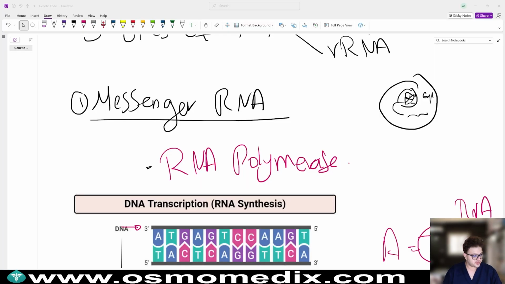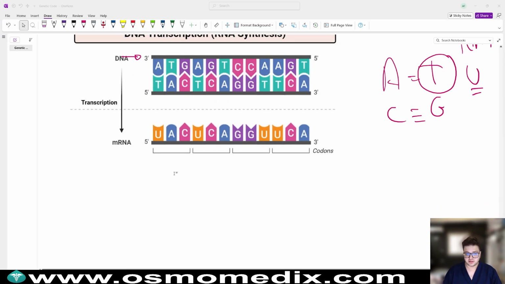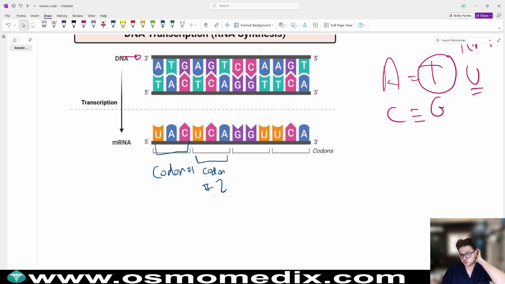How this works is that every 3 letters are called a codon. So this is codon number 1, this is codon number 2, and so on.